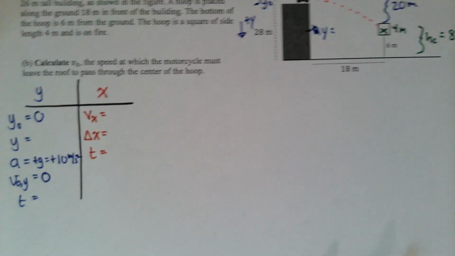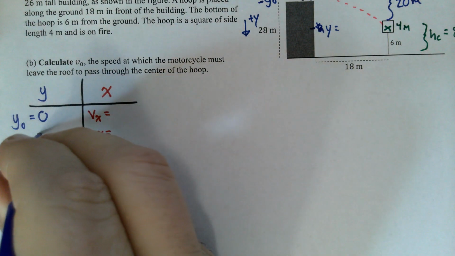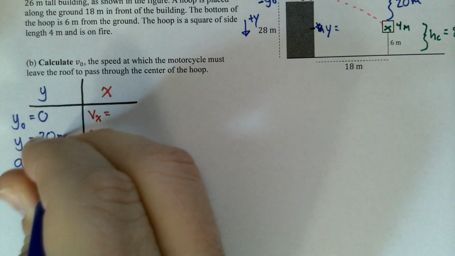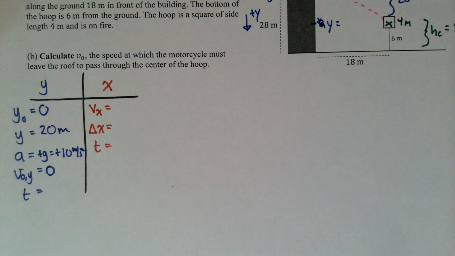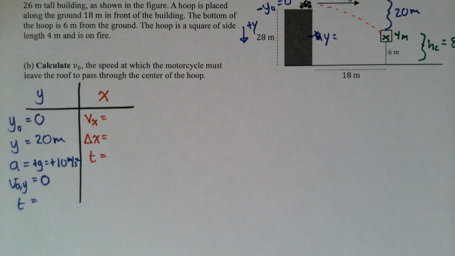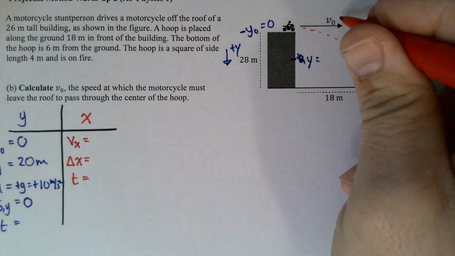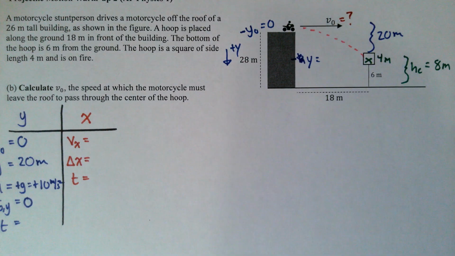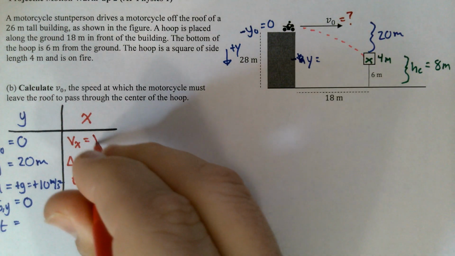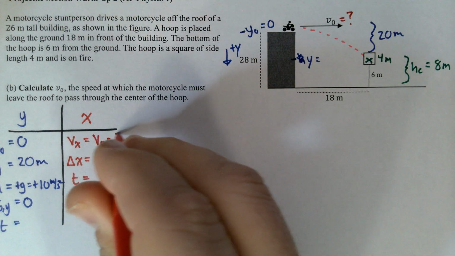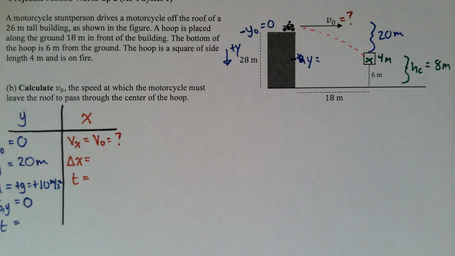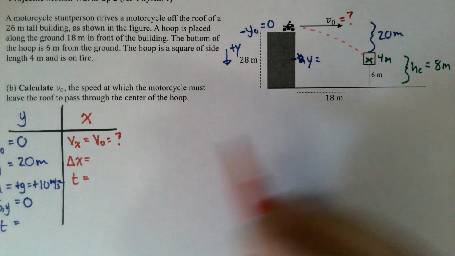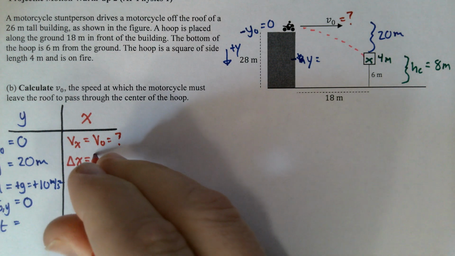And so my final y is going to be 20 meters. In the horizontal direction, x, this velocity is the thing I'm looking for. And since it's being launched horizontally, that's equivalent to vx. Delta x, my hoop is 18 meters away.